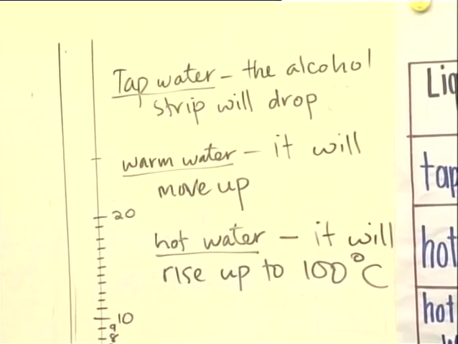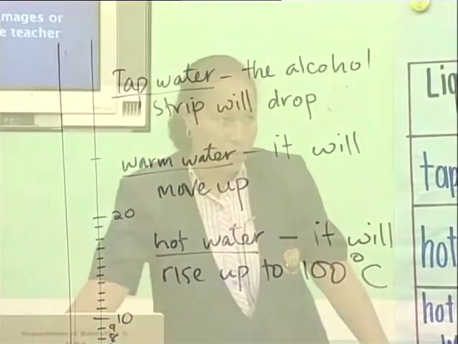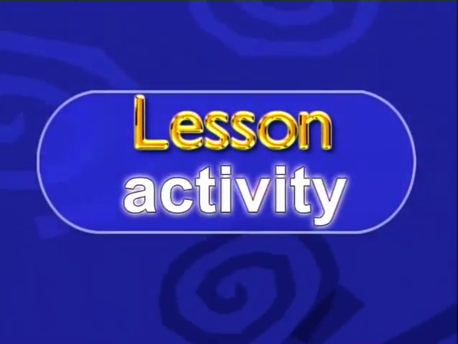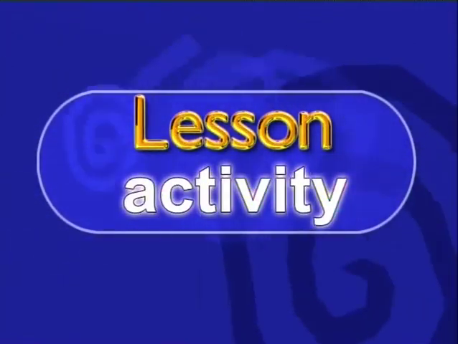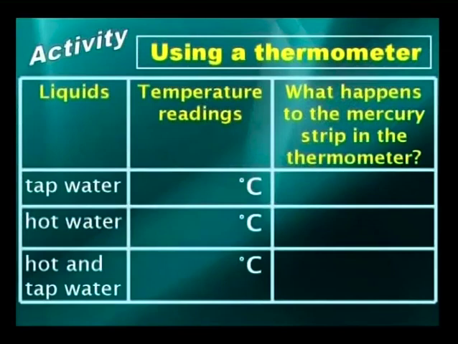Are we now ready to carry out our activity carefully? All right. You may now start. I will put up the instructions for you and you follow the instructions as you do your activity. But before you do your activity, you have a table to complete.